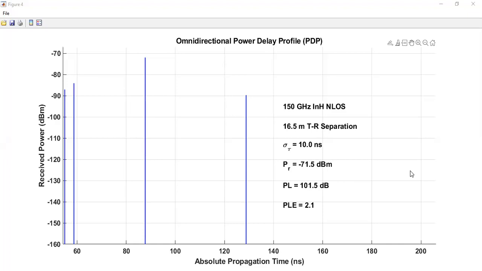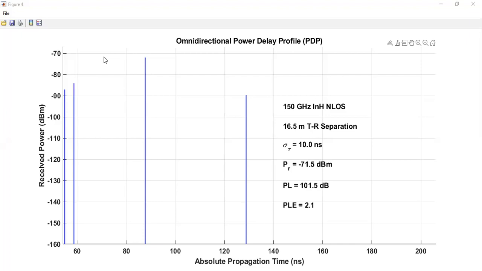Now you can see here the total path loss is estimated as 101.5 dB. The received power is shown as minus 71.5. I'm not sure, but it may be some average power. Let me see what it is.